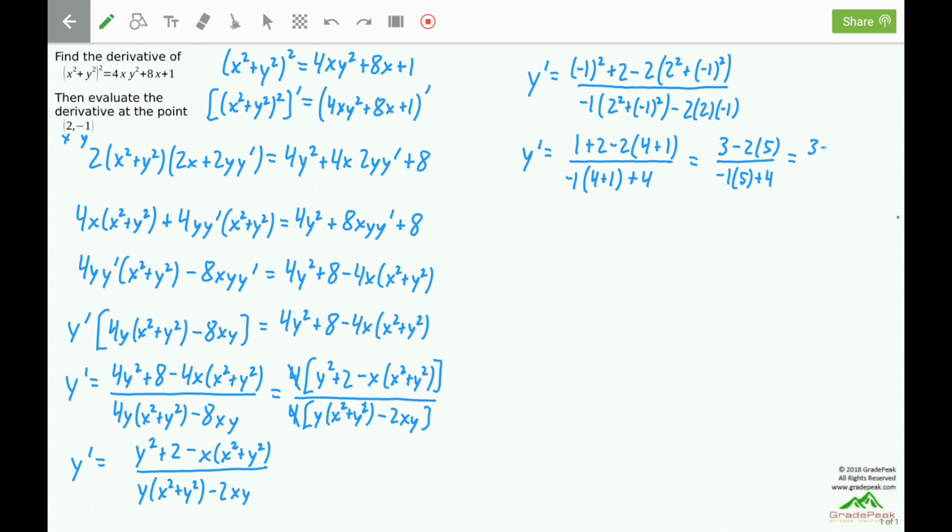So we have 3 minus 2 times 5 is a minus 10, over negative 1 times 5 is negative 5 plus 4. The 3 minus 10 is negative 7, over negative 5 plus 4 is a negative 1. The negatives cancel, and 7 over 1 is 7. Y prime comes out to 7.